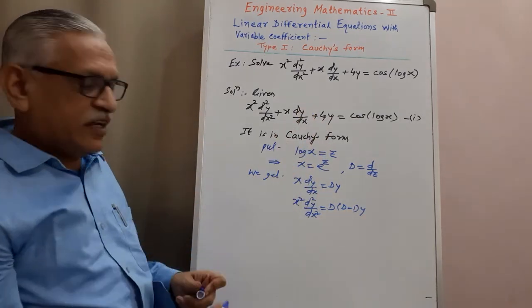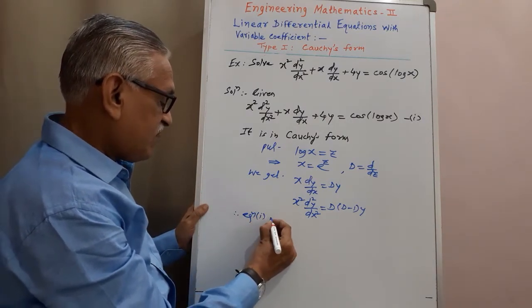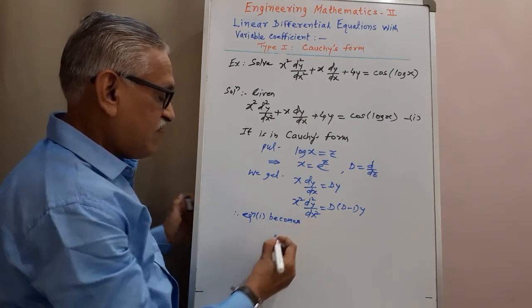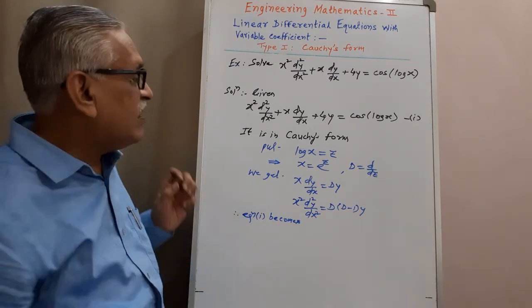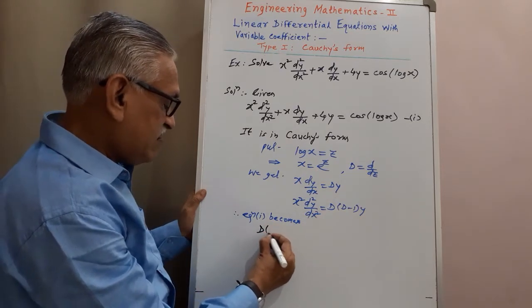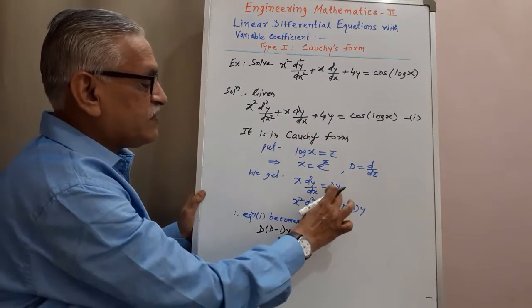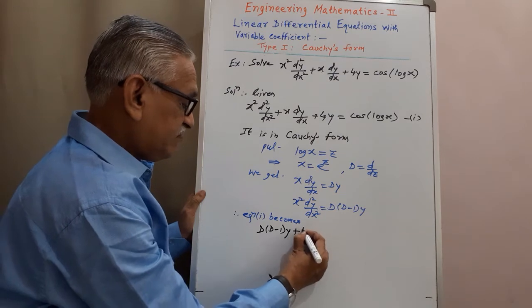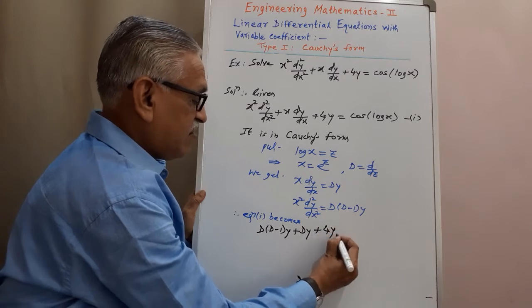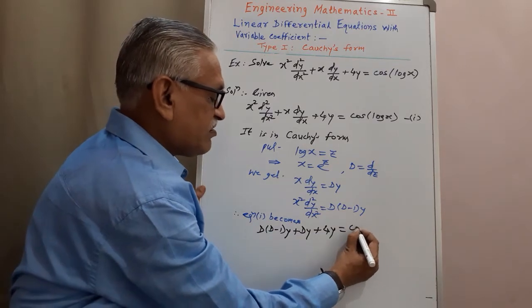Substituting this in equation 1, it becomes: x square d2y by dx square we replace by D minus 1 into y, x dy by dx we replace by Dy, plus 4y is equal to cos of log x, but log x is z, therefore it becomes cos of z.